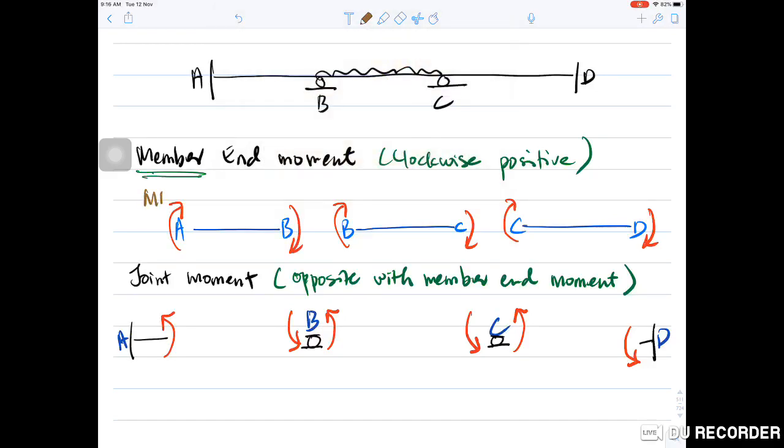This is MAB, this is MBA, this is MBC, this is MCB, this is MCD, and MDC. So actually the value that we will calculate using the moment distribution method is the member end moment.